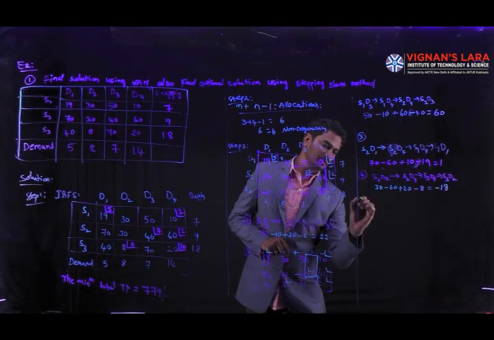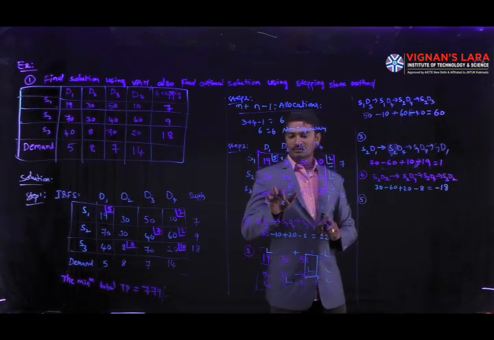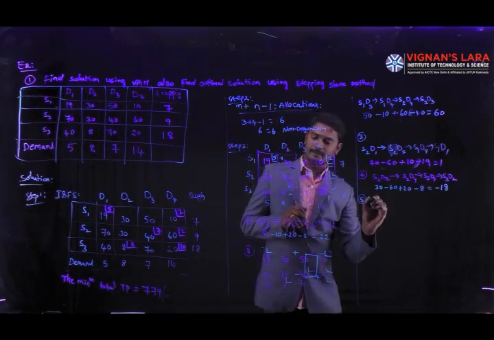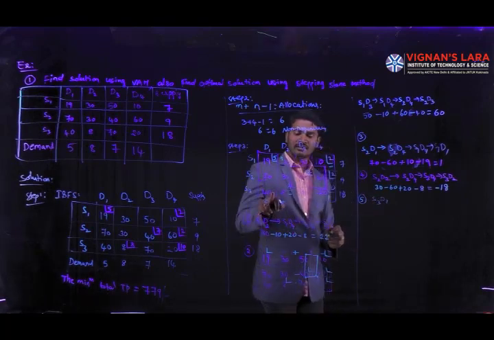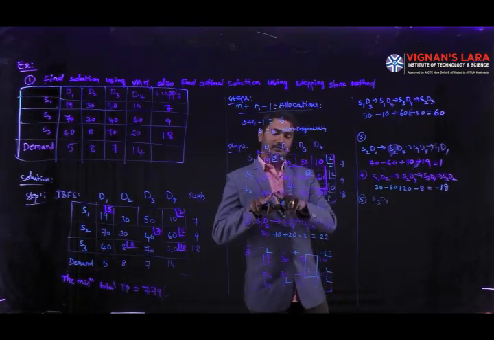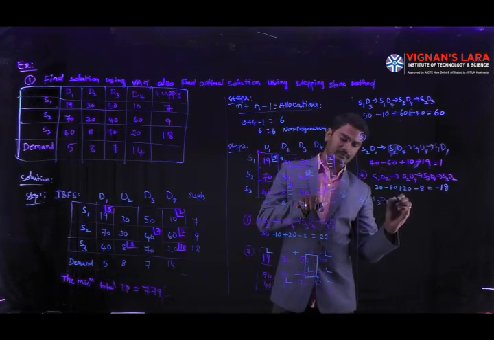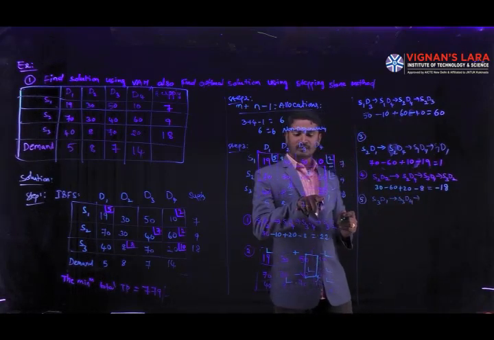Next, fifth loop, coming to loop 5. Here in loop 5, we have an unallocated cell at third row first column, S3 D1. We are going to start the loop here, to S3 D4. Next S3 D4 is over.